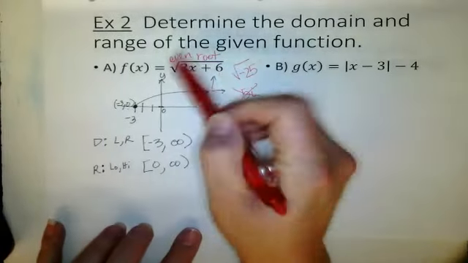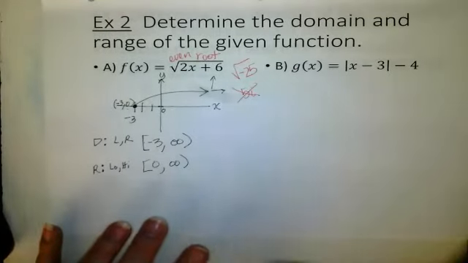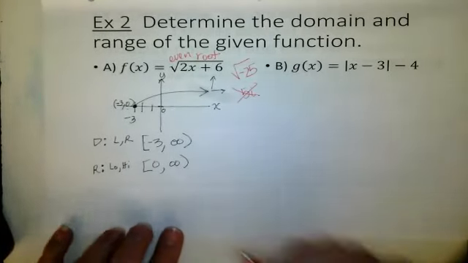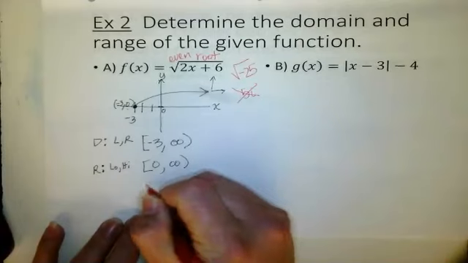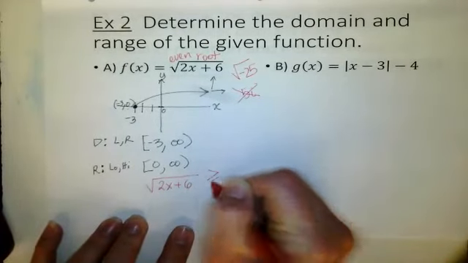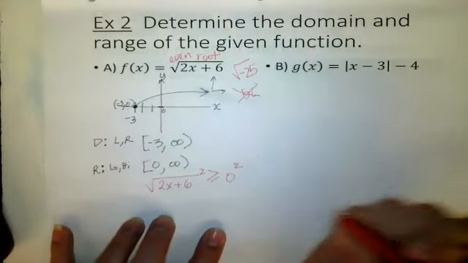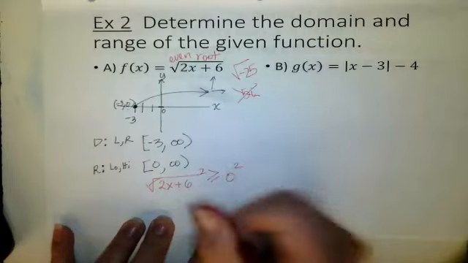Anytime we have an even root, we can get imaginary answers, and we don't want to include any of those. So what we say is whenever we have a square root function, it must always be greater than or equal to 0. Why? We can't have a negative in there. If I were to try, I could square both sides to get rid of the radical.